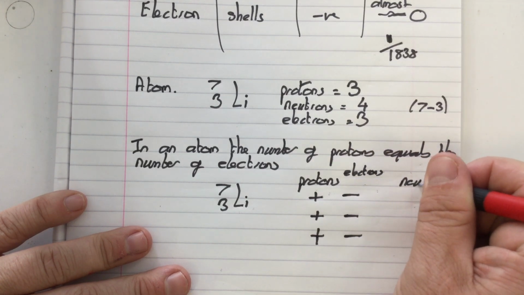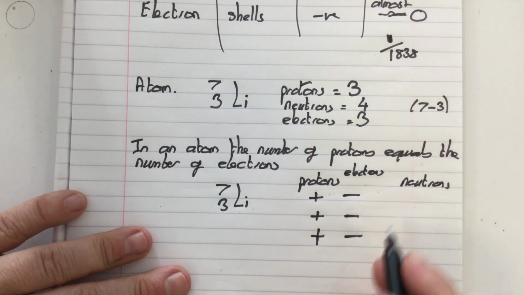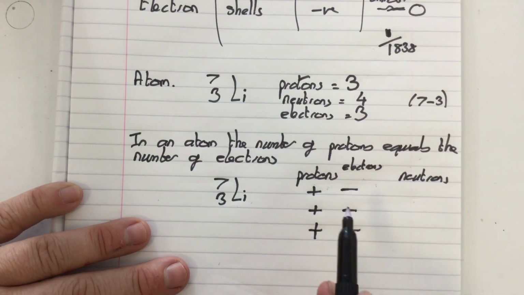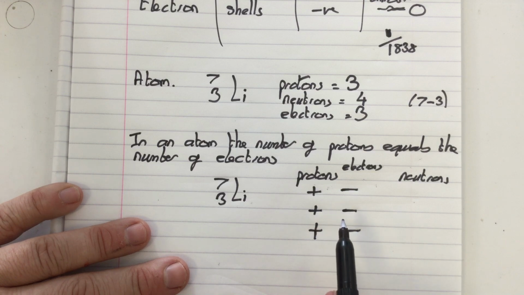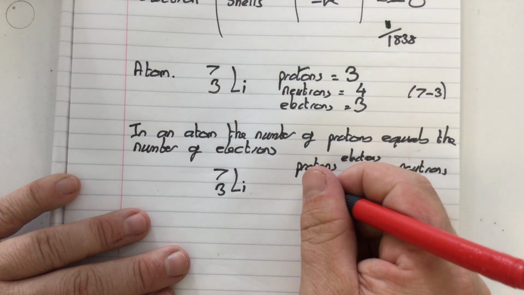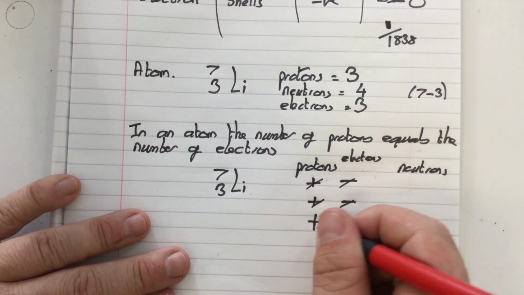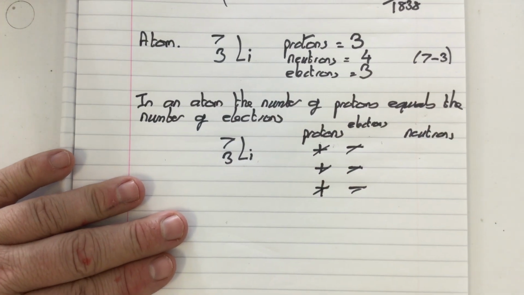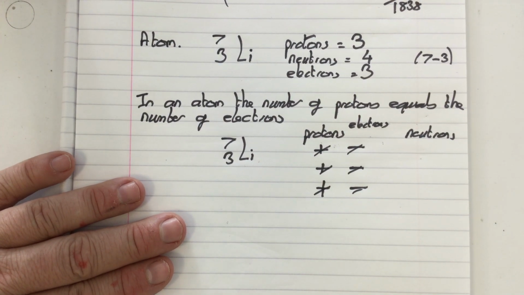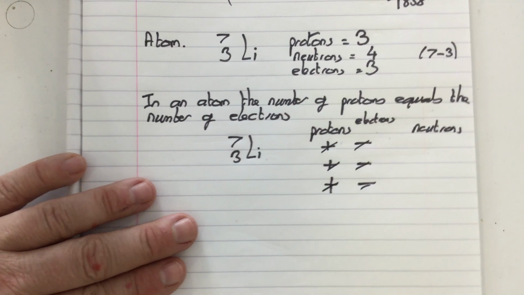And it's got neutrons, which don't have any charge, so I won't show them at all. But you can see that by having exactly the same number of protons and electrons, they cancel each other out. So that's why atoms always have exactly the same number of protons and electrons.